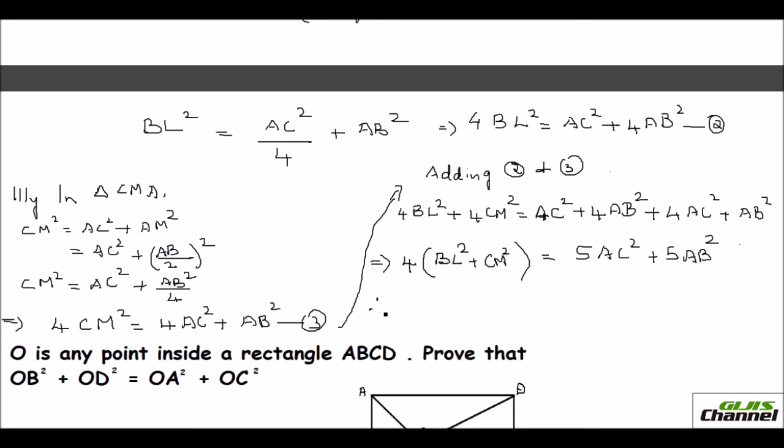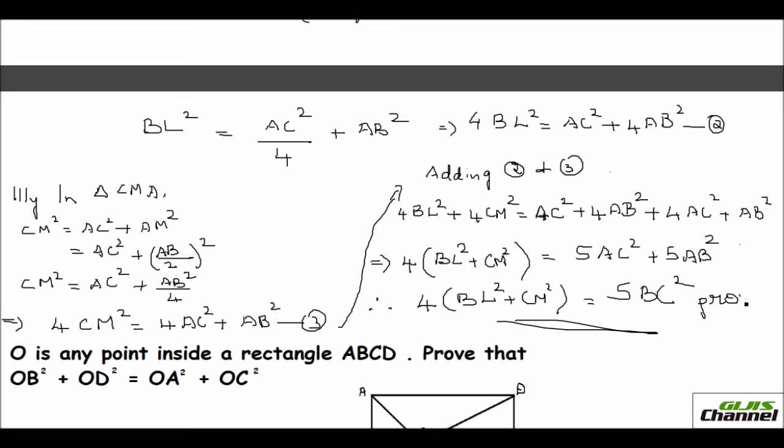Therefore you get 4 times BL square plus CM square is equal to 5, take the 5 common out, AC square plus AB square is BC square. Okay, so you have proved. Isn't that easy? That's it.